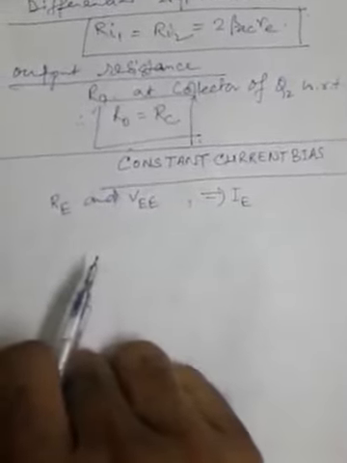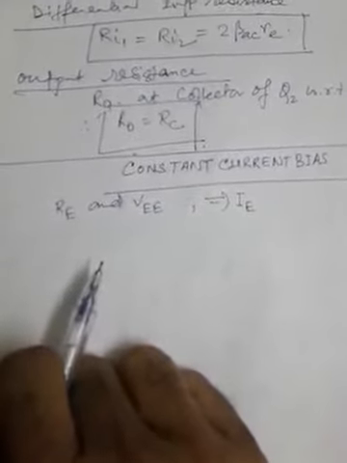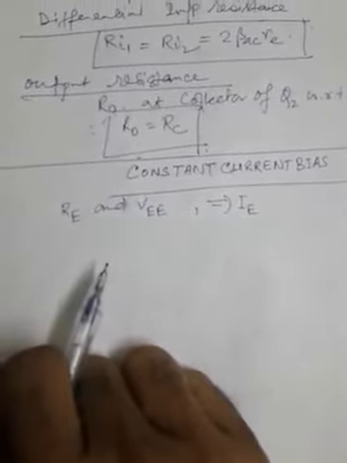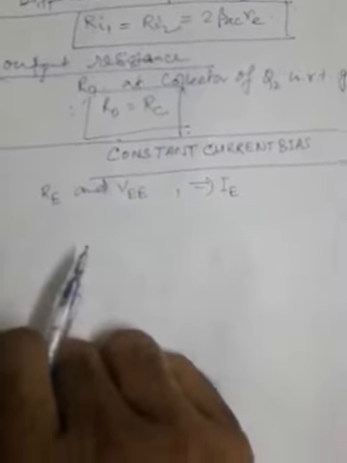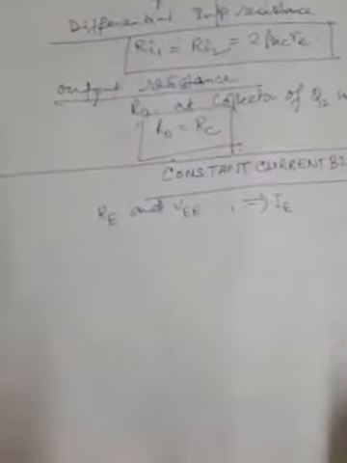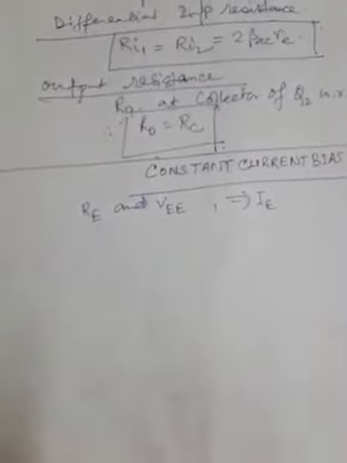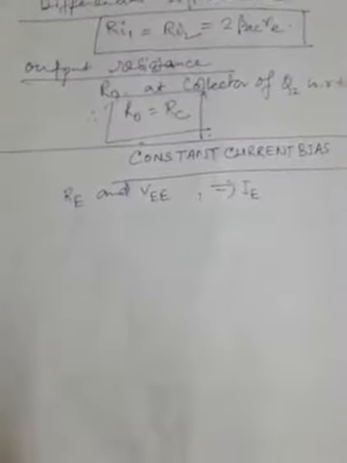In fact, we can also use constant current bias circuit to set up the DC emitter current, apart from setting up the emitter biased conditions.